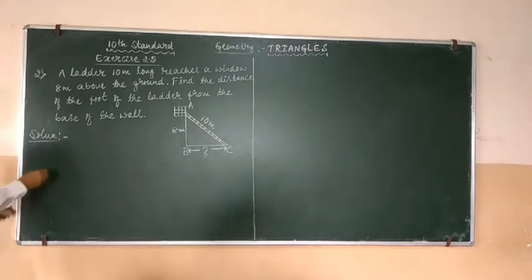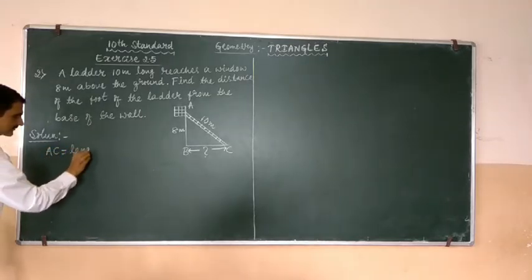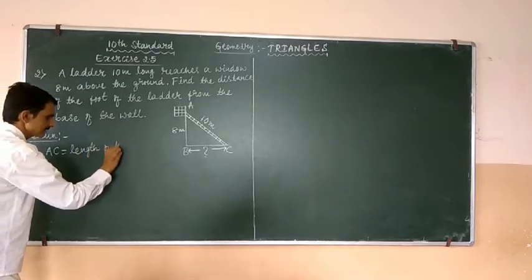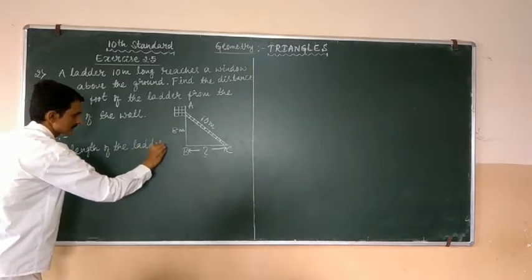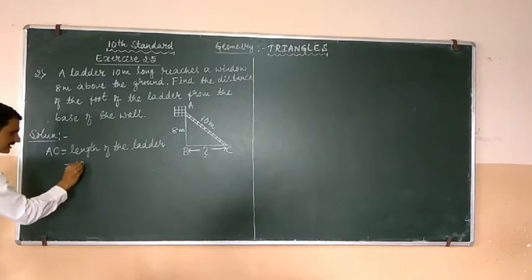Now students, let us write: AC equals the length of the ladder, which is equal to 10 meter.